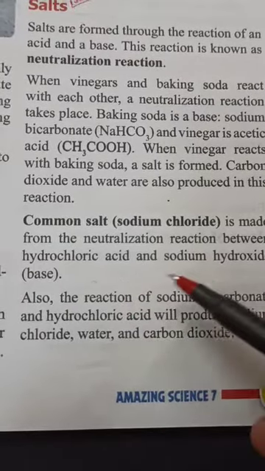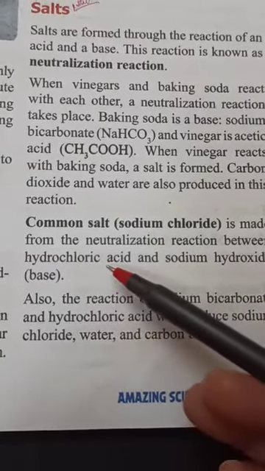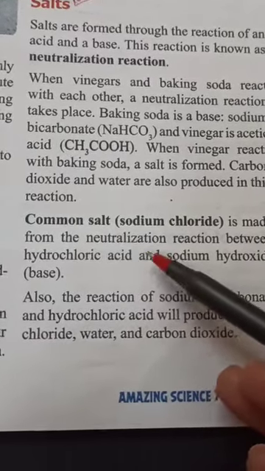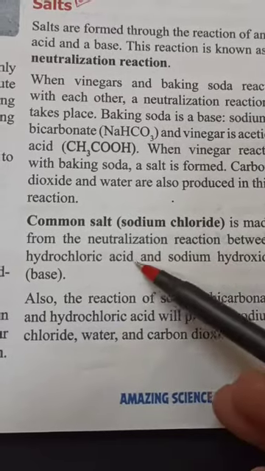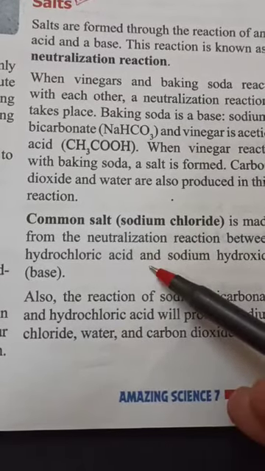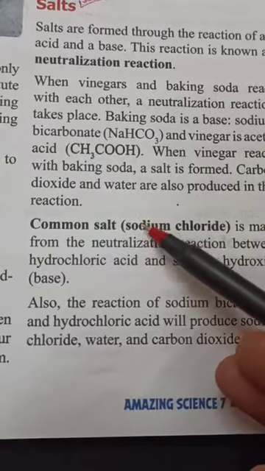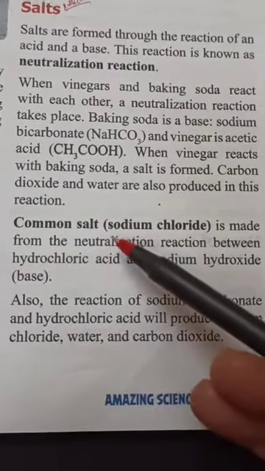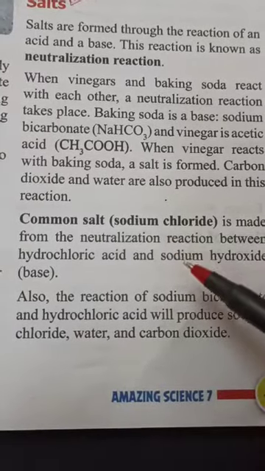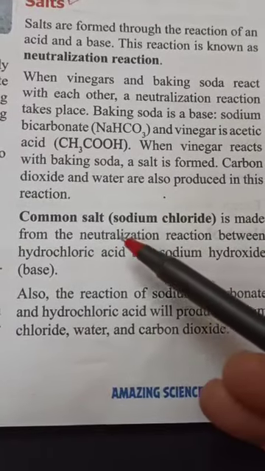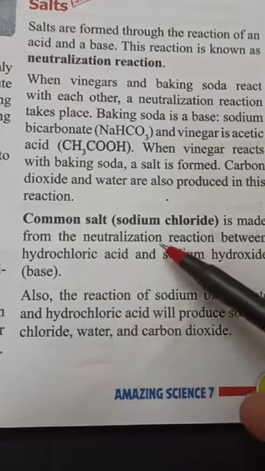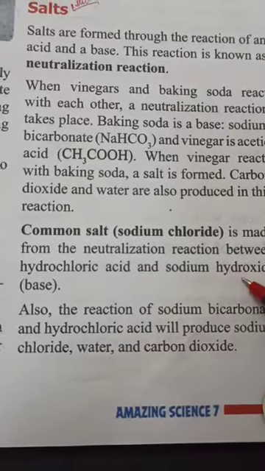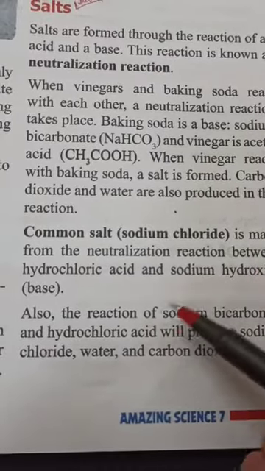Sodium hydroxide is a base and hydrochloric acid, you know, is an acid, and when these both react with each other, we get sodium chloride. The common salt which we use in our kitchen, that table salt, is obtained by the neutralization reaction between hydrochloric acid and sodium hydroxide.